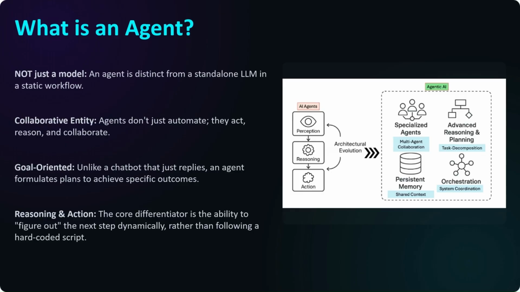Agents can also be proactive in their approach to reaching their goals. Even in the absence of explicit instruction sets from a human, an agent can reason about what it should do next to achieve its ultimate goal. It is important to understand that an agent is not just a large language model in a static workflow.